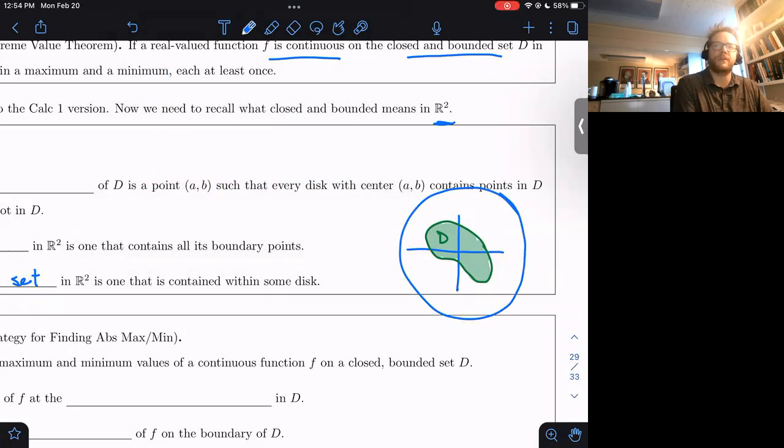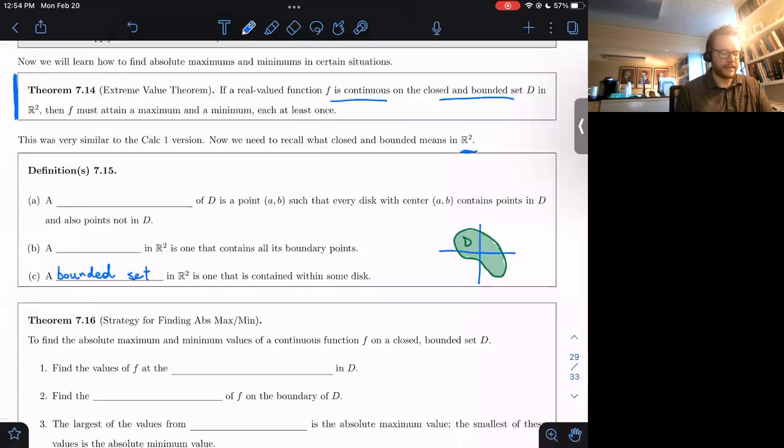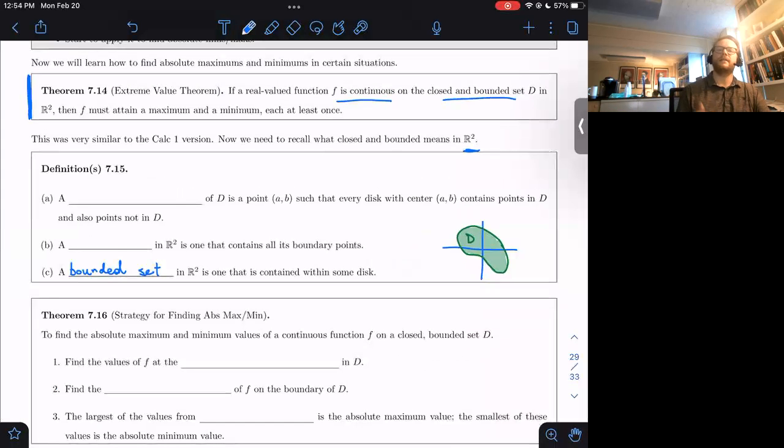It doesn't matter what the center is, it doesn't matter what the radius is, so long as it's a finite radius, then it's a bounded set. So that's the equivalent of saying it's bounded here in two variables, x's and y's, in the xy plane. Okay, now we need to talk about closed.